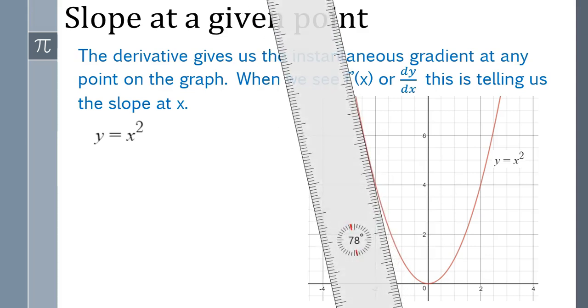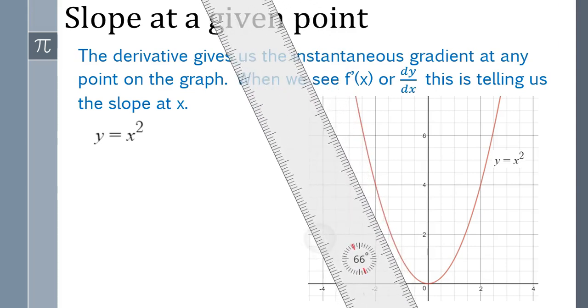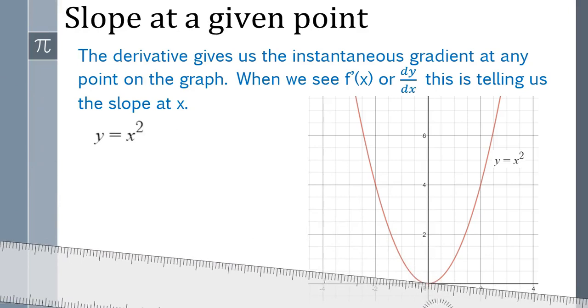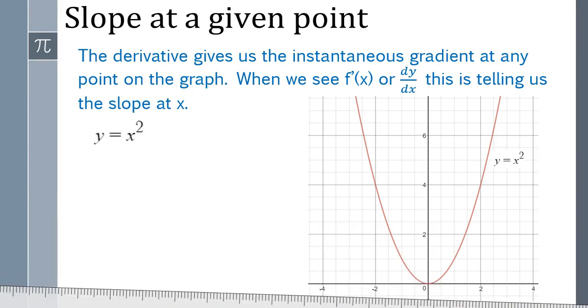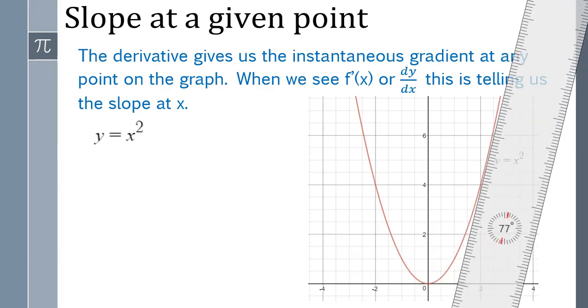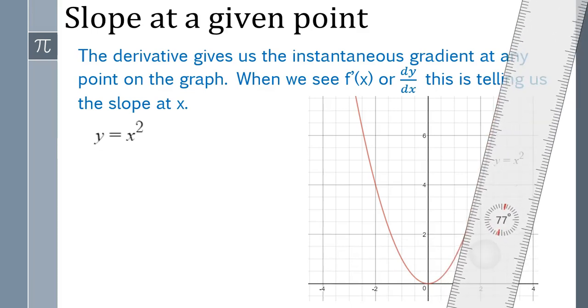So when x equals 2, the tangent line there gives the slope. We can see the slope when x equals negative 1, when x equals 0, when x equals 1, we're over here, when x equals 2, we're up here. Okay, so the derivative gives us the slope at a point.